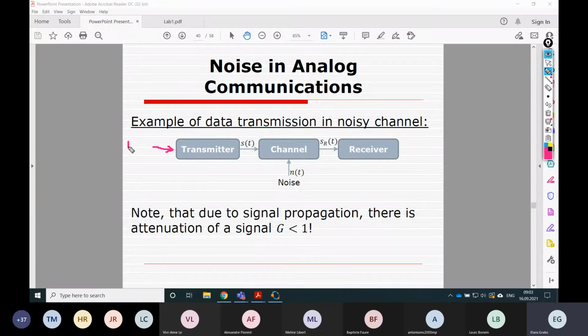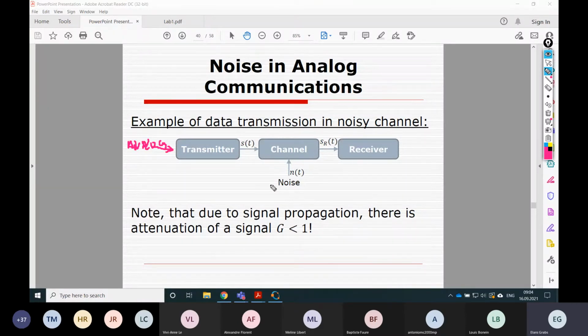Yes, so analog. The data itself is analog, because in the channel we will have the signal in analog form either way. Either we use digital communications or analog communications, the channel signal will be analog regardless. So the data here is analog and the channel is also analog.